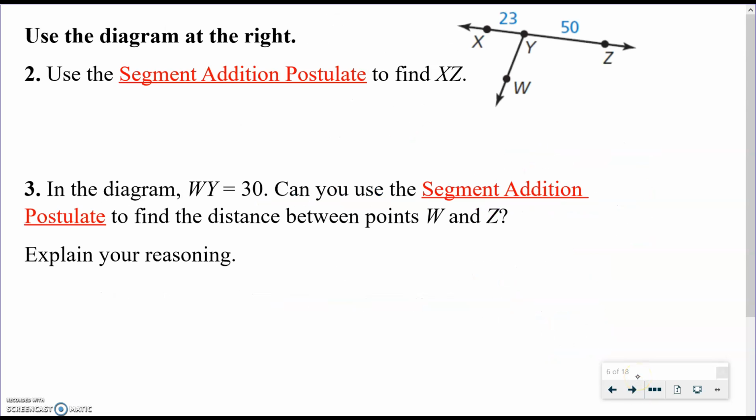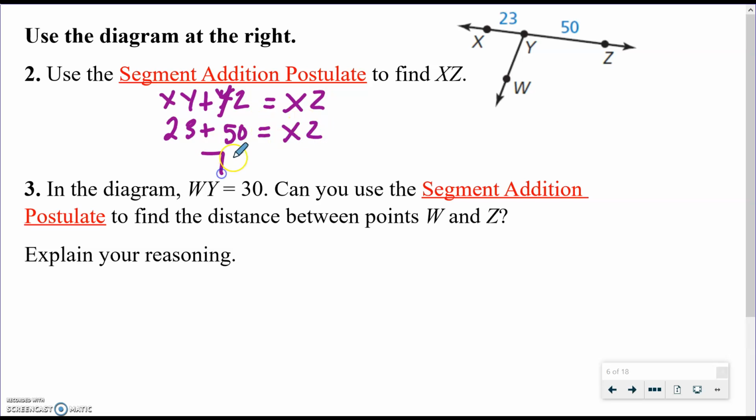So we're going to use that same idea again, and I always like to write that equation. And so we want to find XZ, so we know XY plus YZ equals XZ. And then I'm going to substitute in what I know, which is the lengths. And I get that 73 is the length of XZ.